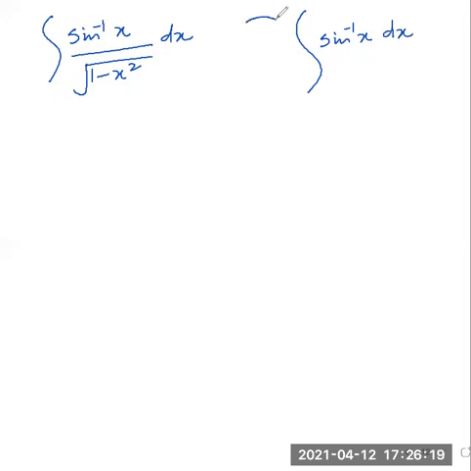Here I'll take sine inverse x equal to t. If I differentiate this, it becomes 1 by root of 1 minus x square dx equal to dt. Am I right?